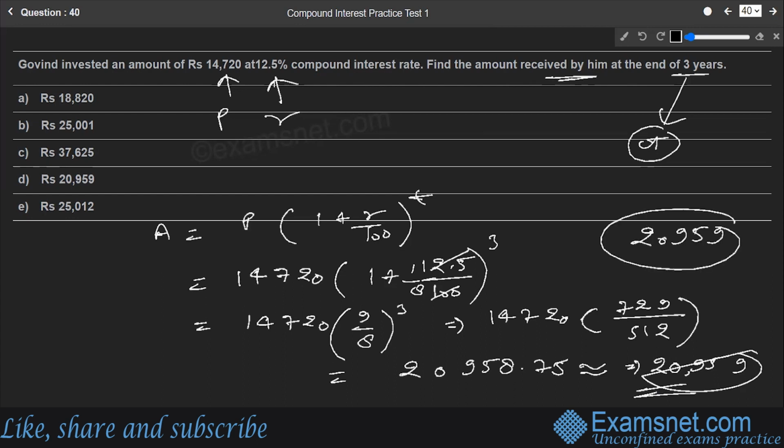That is the approximated value of the amount, and this amount is available in option D already. So that is the right answer, option D. 20,959 is the final amount that he is going to receive after 3 years with 12.5% as the rate, and the scheme is compound interest over a principal of 14,720.